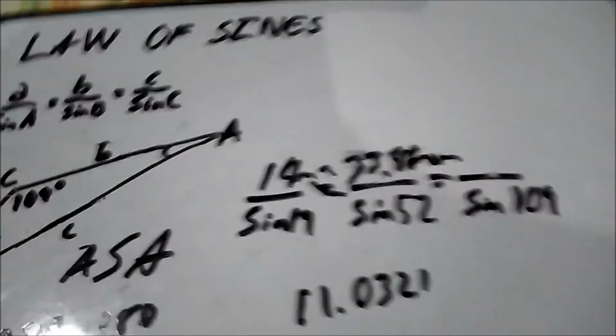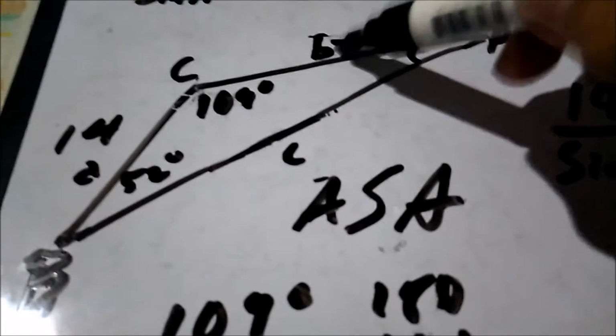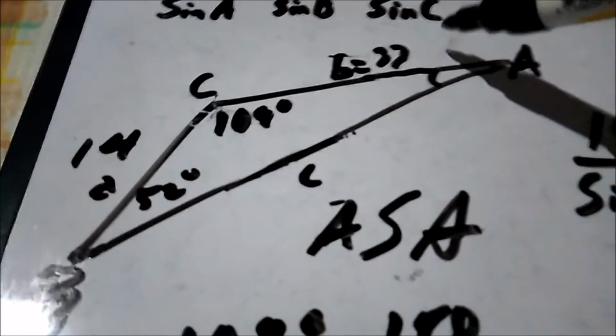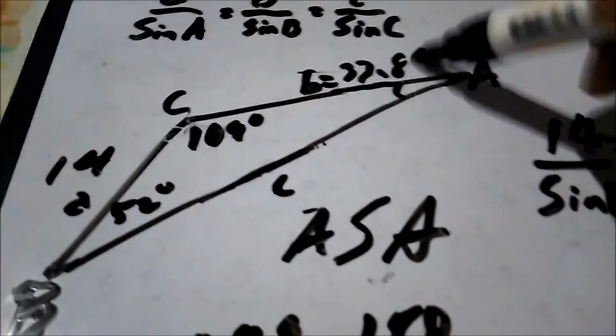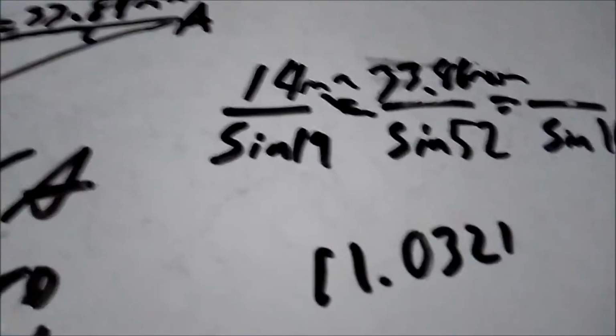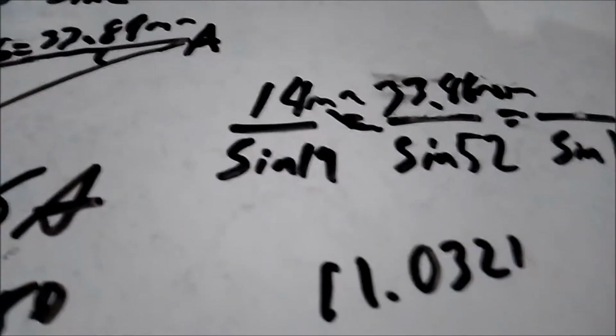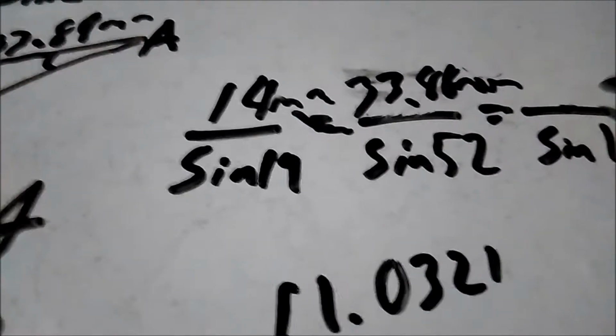That's for now, because this is just an illustration for you to know how to solve this. So b is equal to 33.88 millimeters.